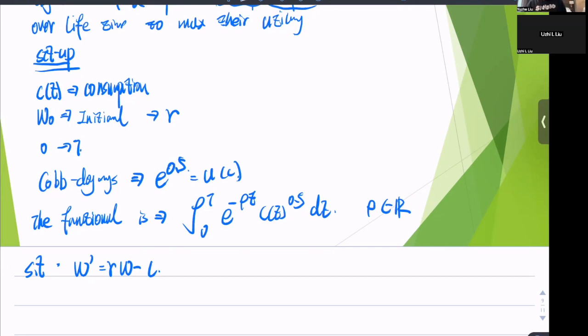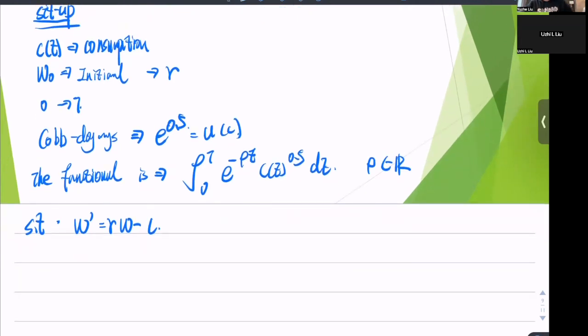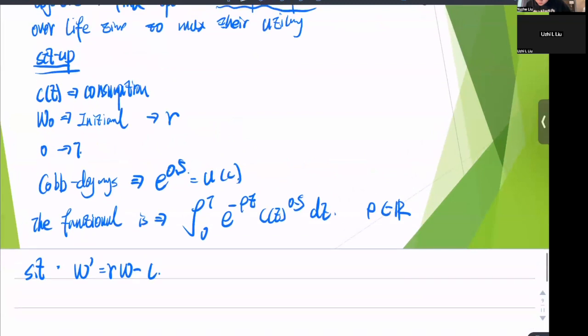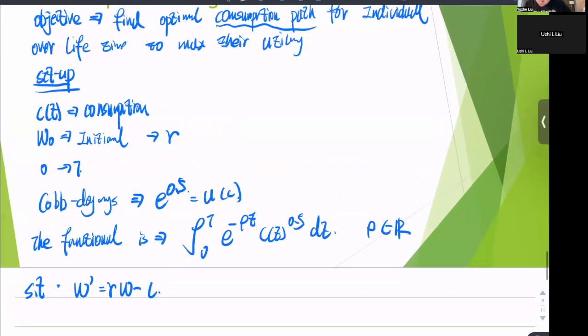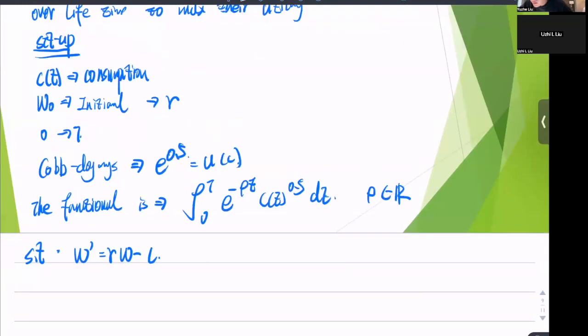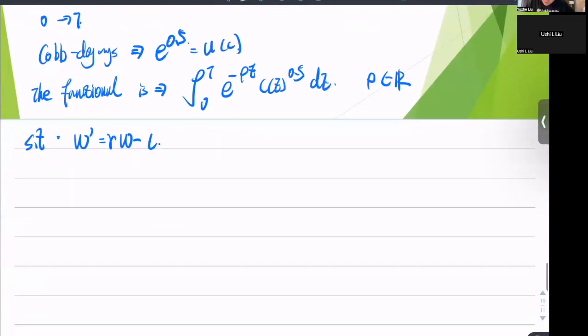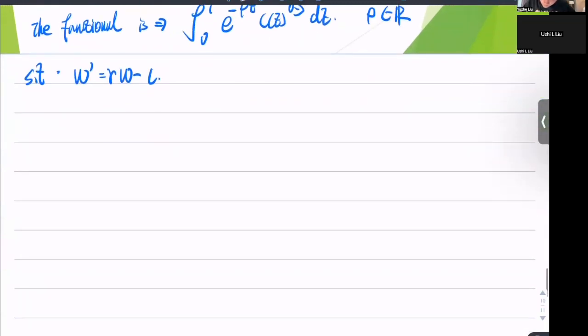So now we have a functional. We also have a constraint, and now we need to find the function that maximizes this person's utility.